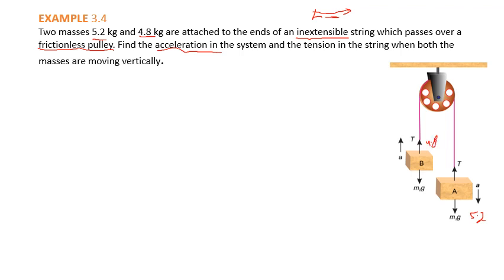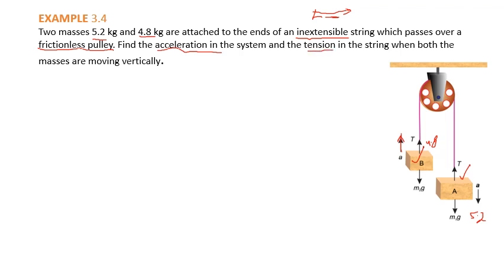Since this mass is greater than this one, it means that the 5.2 kg mass will move downward and the 4.8 kg mass will move upward. It is obvious, no? The acceleration with which this body is moving downward will be the same in magnitude, remember, in magnitude, not in direction, as the acceleration with which this body will be moving.